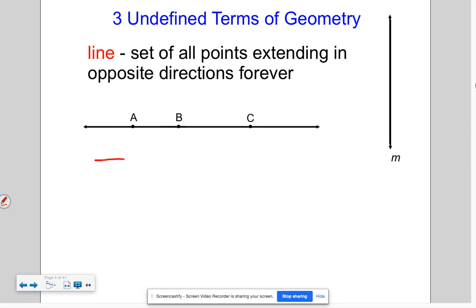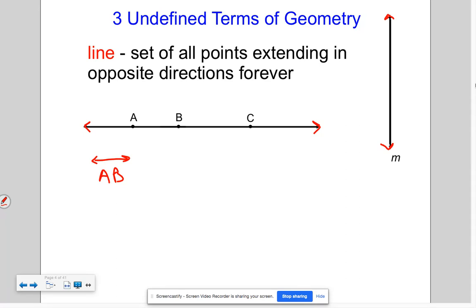So I could say line AB, and you see above the AB, I have a line with arrows. It's hard to see these arrows, they're kind of small, but on both of these lines we have drawn here, there are arrows. That's important. If you don't have arrows, then you're not drawing a line. You're drawing something else.